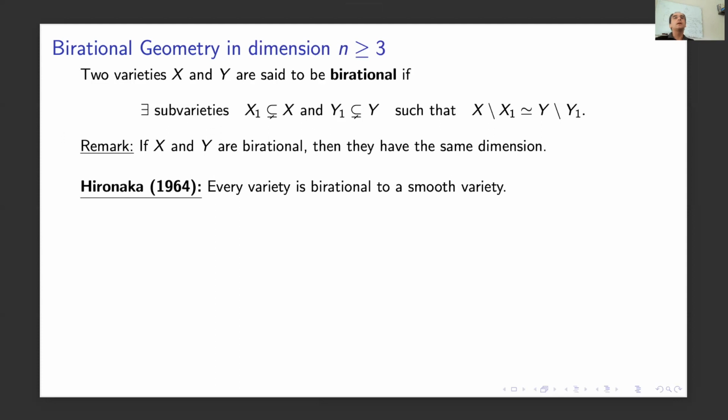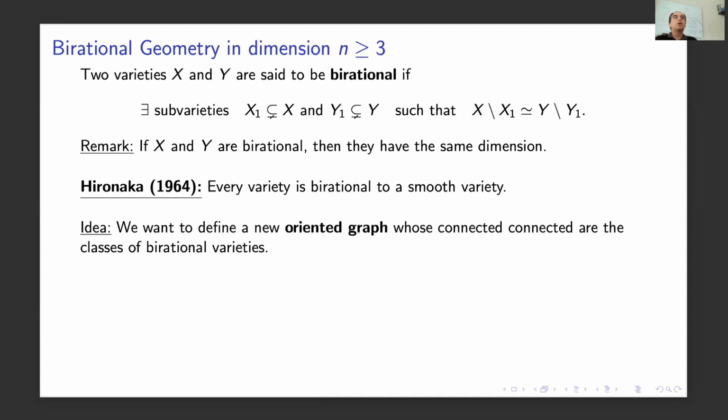So even if we focus on all the varieties, no matter how singular they are, we can always find inside the equivalence class at least one, but of course infinitely many, varieties which are smooth and which are birational to the original one. This is a deep theorem. It's very hard to prove, but we take it for granted. Nowadays, this theorem has been used so often that we don't even cite it anymore, because it belongs to the classic gadgets of birational geometry.